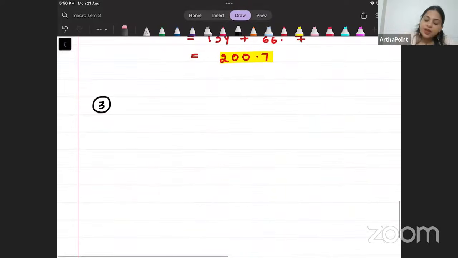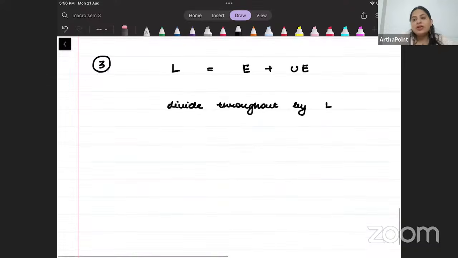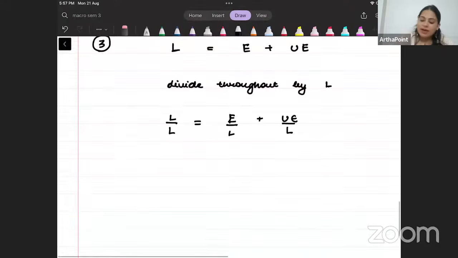Now just think about it. Beta, I am saying that labor force is employed plus unemployed. Suppose I divide throughout by L. I'm dividing throughout by labor force. So what will happen? L by L is equal to E by L plus UE by L. Beta, L by L is simply 1.